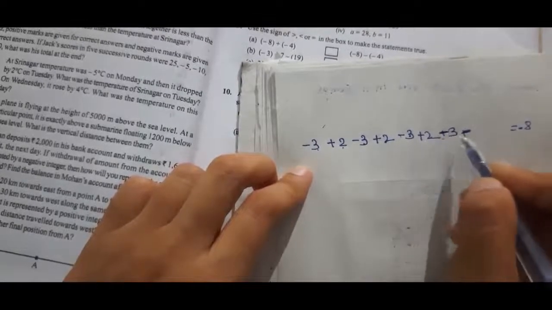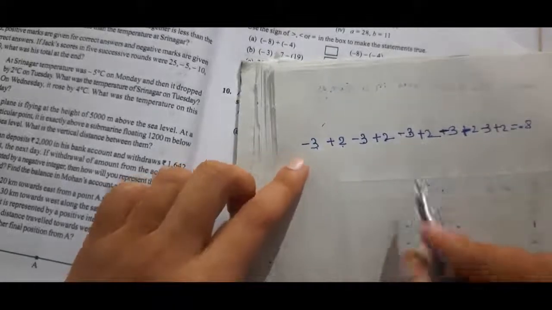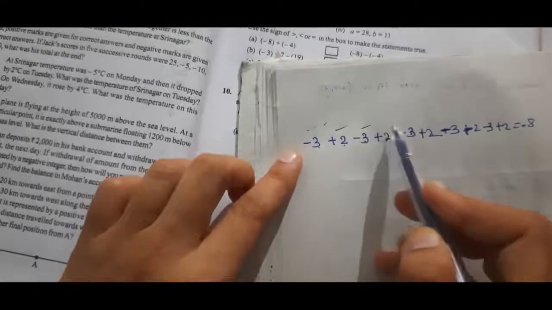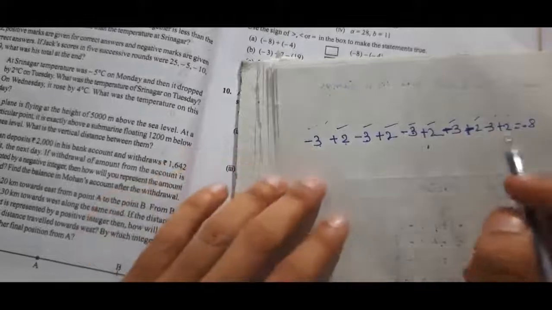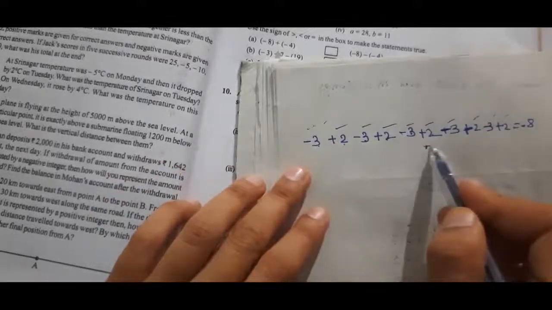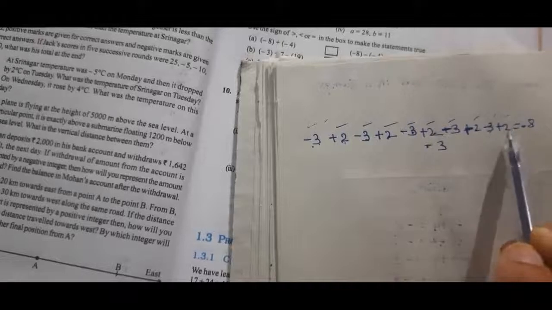Sorry, here -3 plus 2, -3 plus 2. 1, 2, 3, 4, 5, 6, 7, 8, 9, 10. Again, see here, -3. First jump, second jump, third jump, fourth jump, fifth, sixth, 7, 8, 9, 10, 11. 11 jumps.